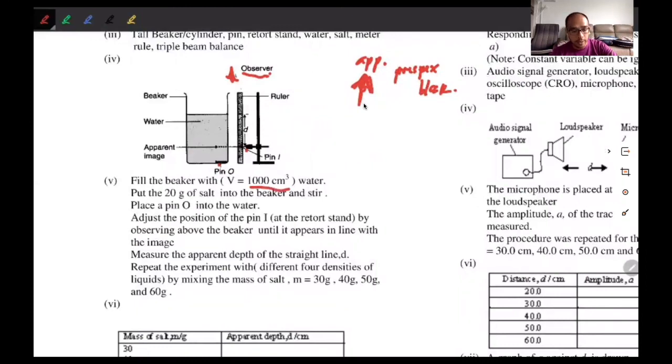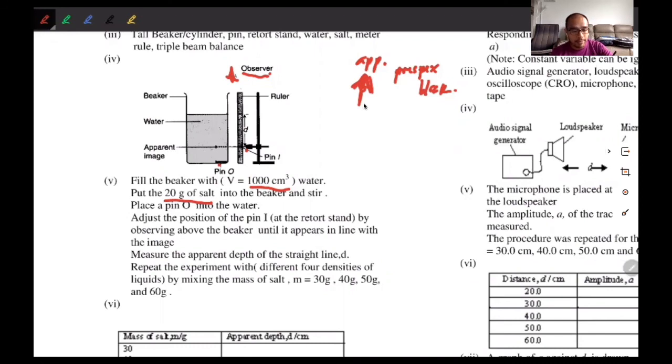Then you put 20 gram of salt into the beaker and stir. So this is how you change it. You don't change the material, you just add more salt, because when you add more salt, you increase the density. So when you increase the density, the apparent depth is supposed to decrease.